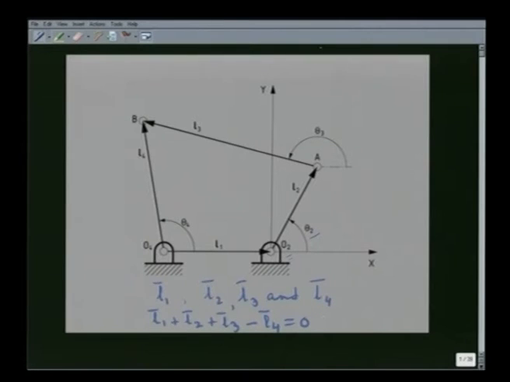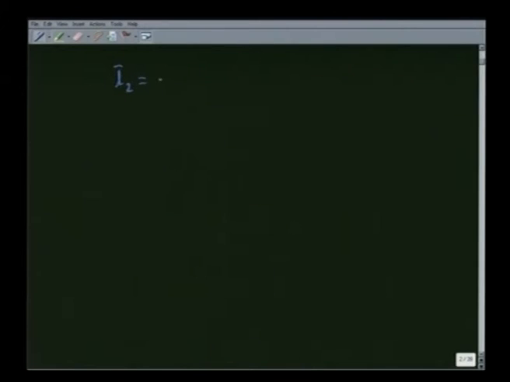To analyze this equation, we write the L2 vector in terms of complex exponential notation, that is L2 e to the power i theta 2. Same for the L3 vector as L3 e to the power i theta 3, and the L4 vector as L4 e to the power i theta 4.